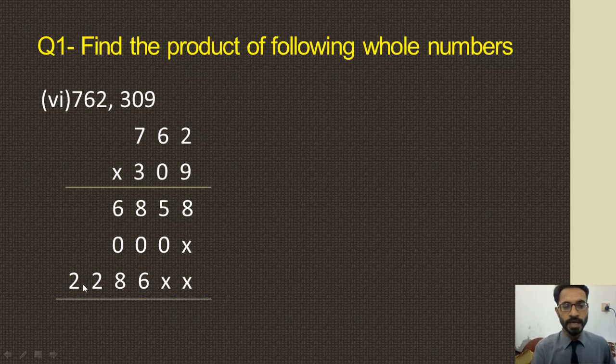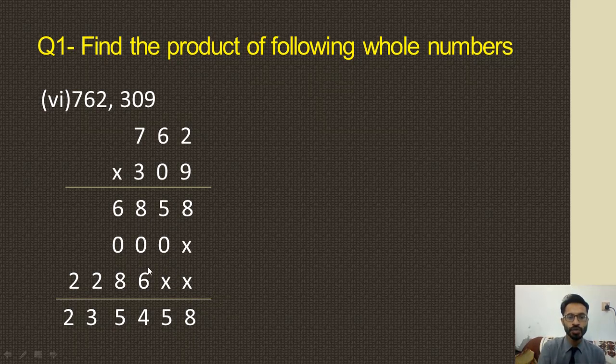After that, we will add them. 8 plus 0 plus 0. Answer will be 8. After that, 5 plus 0 plus 0. Answer will be 5. 8 plus 0 plus 6, 14. From 14, we will write 4 here and we will carry 1 to the next number. 1 from carry and 6, this becomes 7 plus 0 plus 8. 7 plus 8 will become 15.